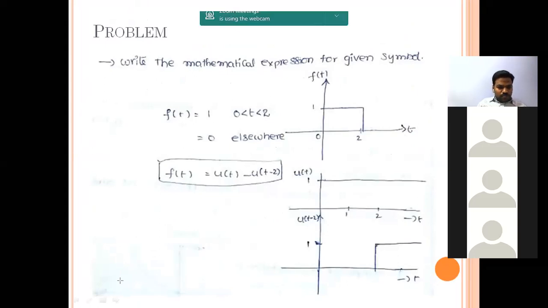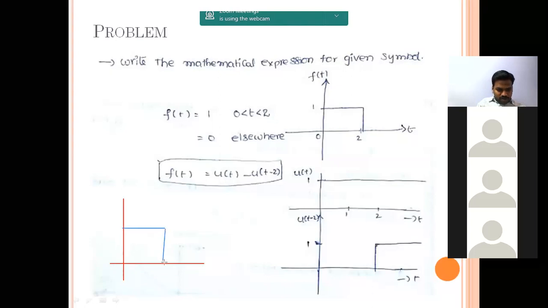Now see here. Now in the problem itself, he has given a graphical representation like this. Okay, right.